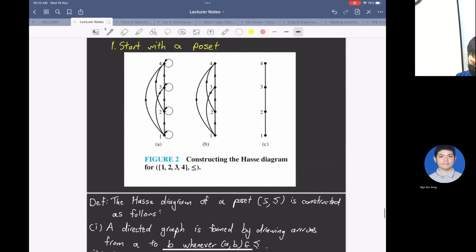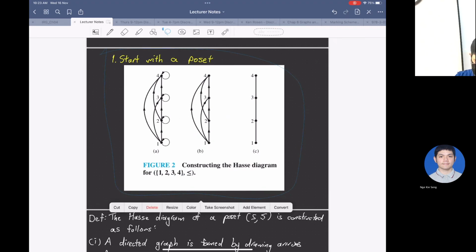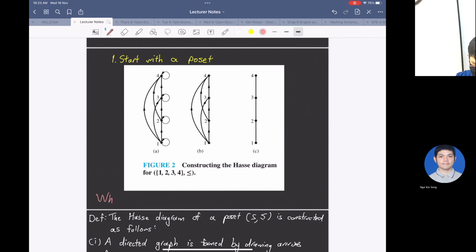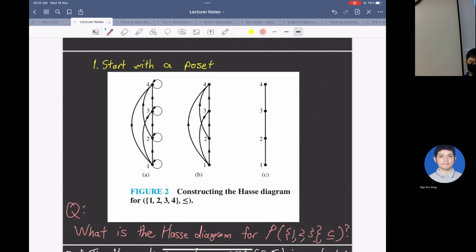Okay, so let's come back to this example, and then I want you to try and draw out now what is the Hasse diagram for the power set of {1, 2, 3} with the set inclusion relation. I give you 3 minutes.